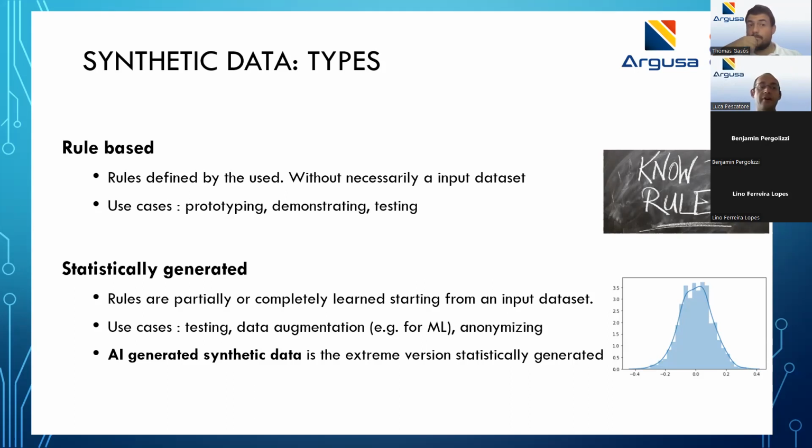On the other end of the spectrum, we have statistically generated data, where the rules are partially or completely learned from an input dataset. For example, you can imagine having some population data and wanting to reproduce similar properties as the input dataset. And here use cases could be anonymizing, but also augmenting data to train machine learning models, and testing, so injecting essentially test cases in real data.